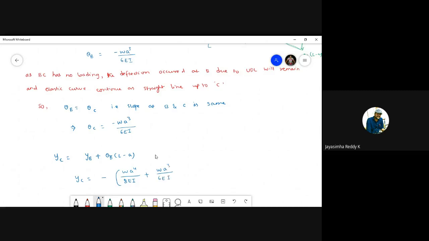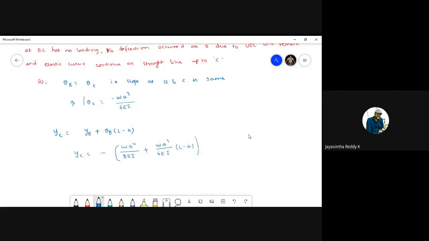So I have taken minus common, so minus remains outside. This is L minus A. It remains. Is it clear, students? Any doubts here? Students, please let me know if you have any doubts here.